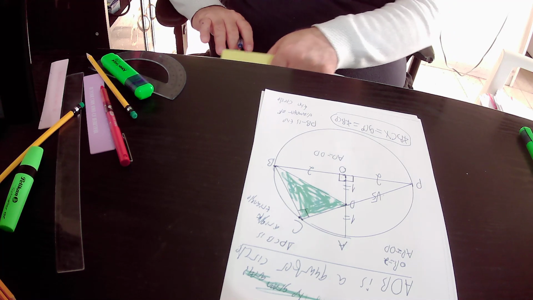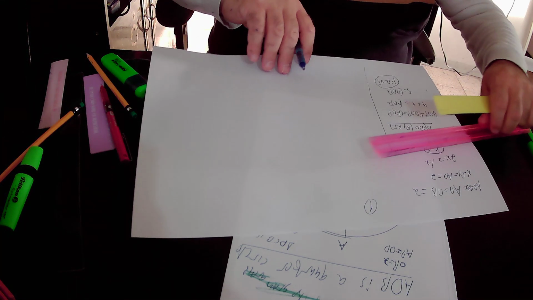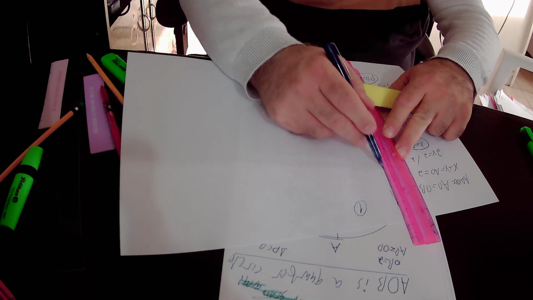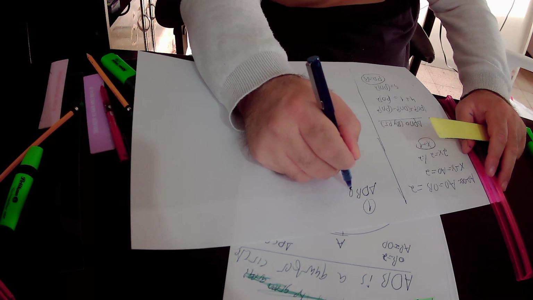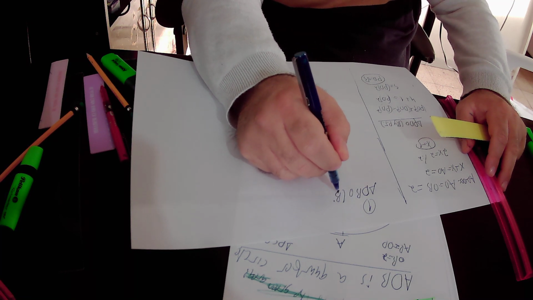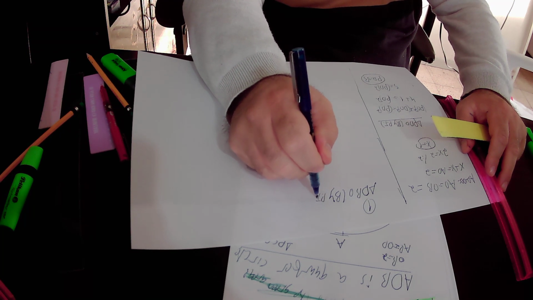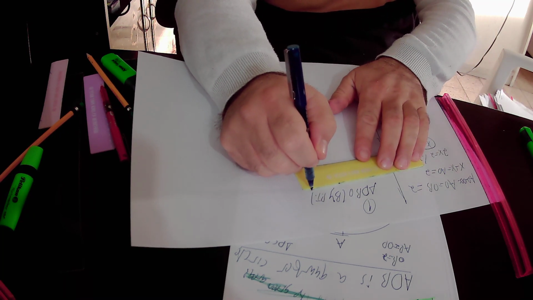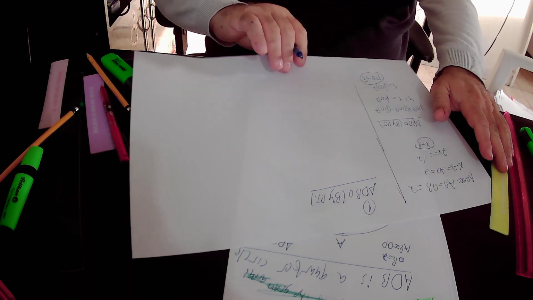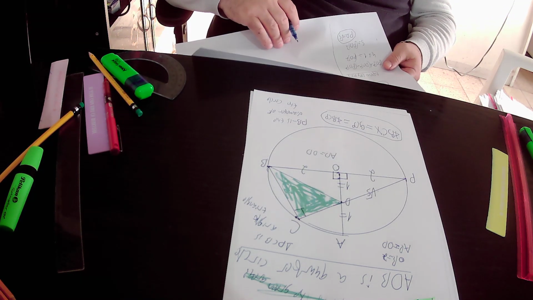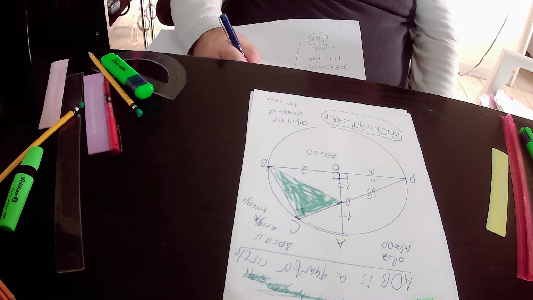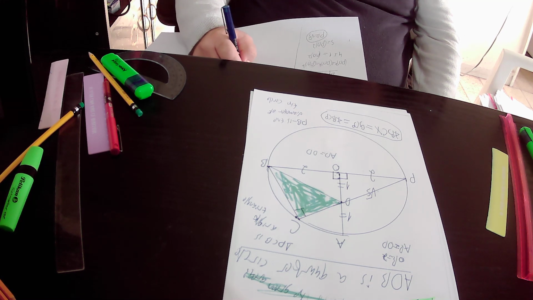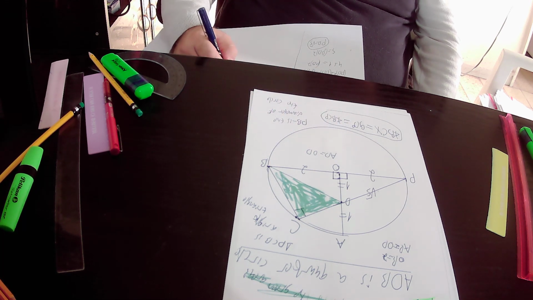On the right triangle DBO, according to the Pythagoras theorem, we get that DO square plus OB square equals DB square, that is the square of the hypotenuse.